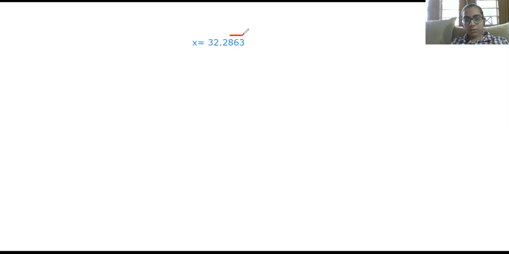Obviously, it is not necessary that all the digits after the decimal will have a bar on them. So we have a digit here. Now, how many digits have a bar on them? 3.